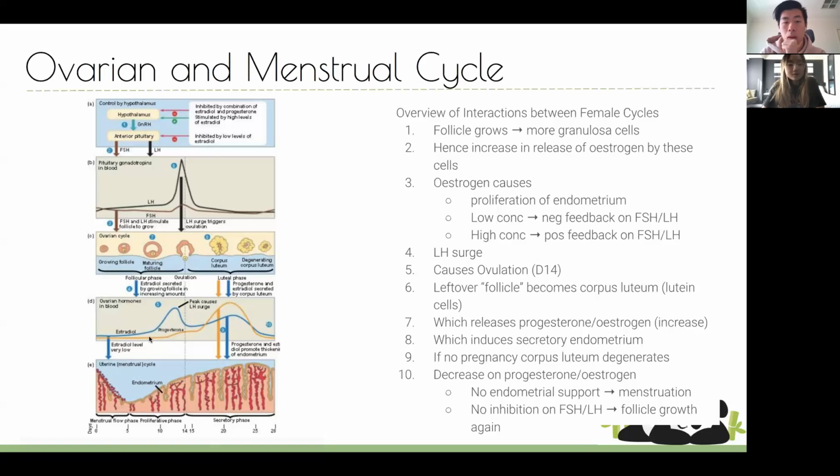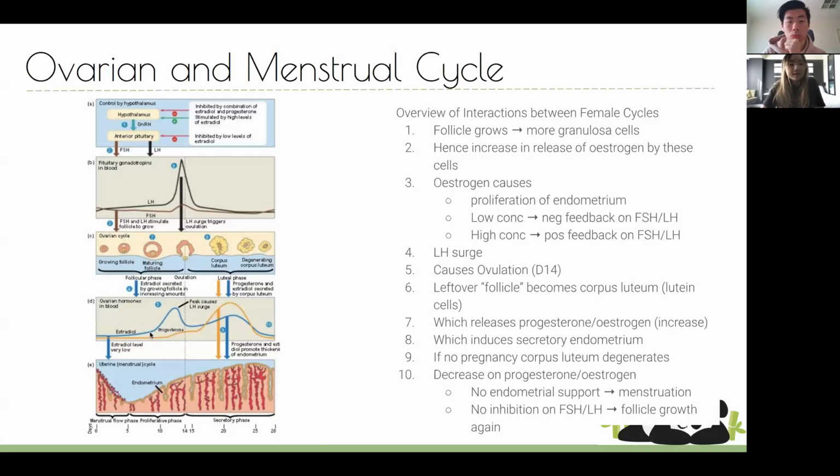Now, at low concentrations like this, estrogen has a negative feedback on FSH and LH, so follicle stimulating hormone and luteinizing hormone, which are released by the anterior pituitary, which is a part of your brain. So this will go back up and inhibit FSH and LH. That's why the FSH and LH are relatively low in the first half of the cycle.